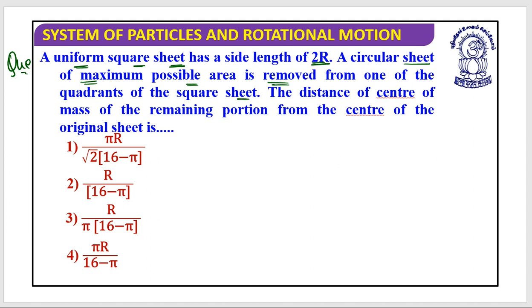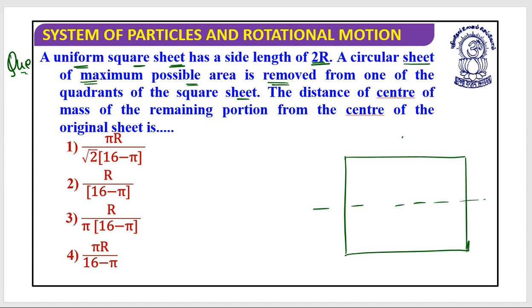The distance of the center of mass of the remaining portion from the center of the original sheet is. So this is the situation, something like this, and this part has been removed, of maximum possible area.